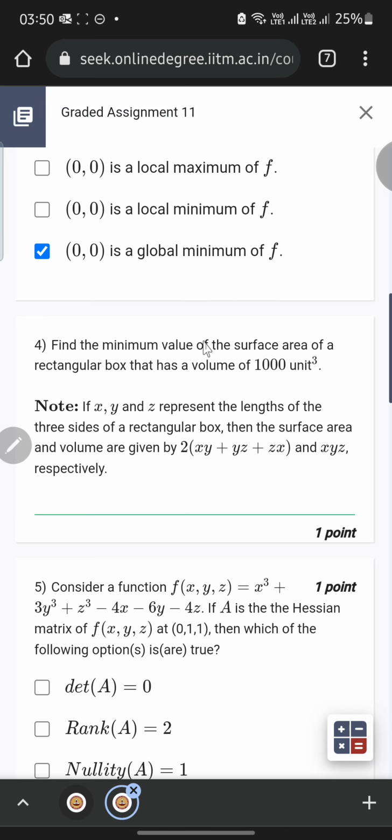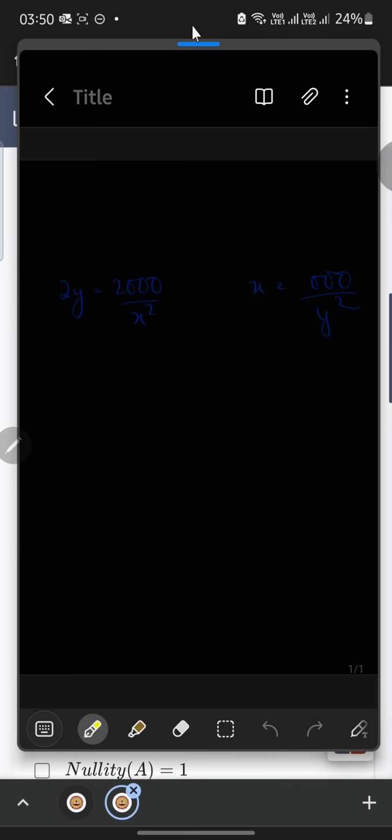Sorry. So as I was saying, 2y is equal to 2000 by x square when equating to 0, and 2x will be equal to 2000 by y square. From this I'll suggest to remove 2 here, and this is some malfunctioning error, please sorry.